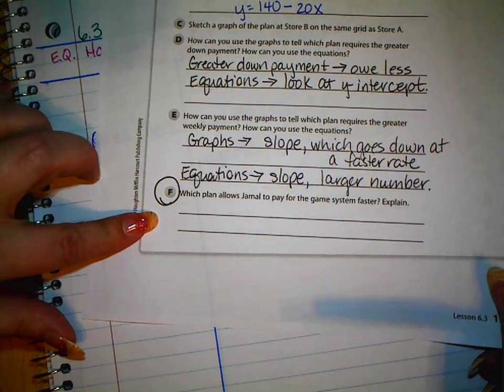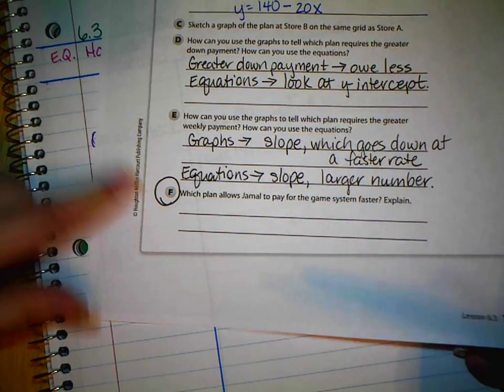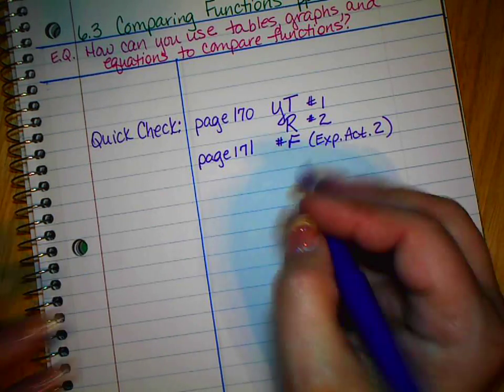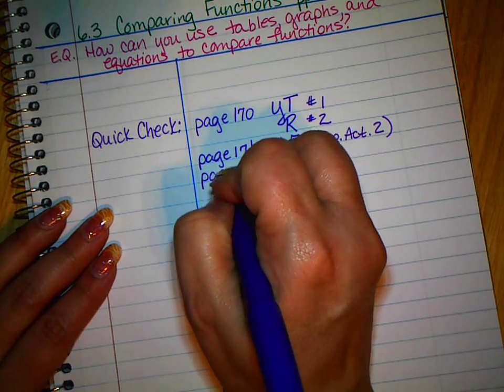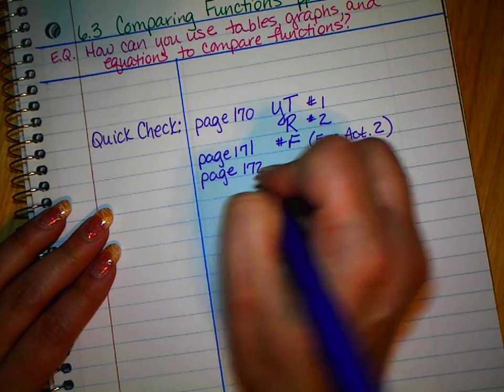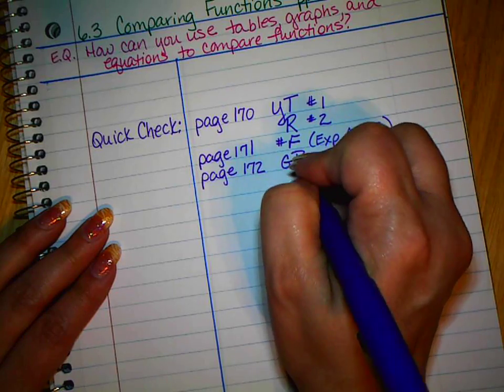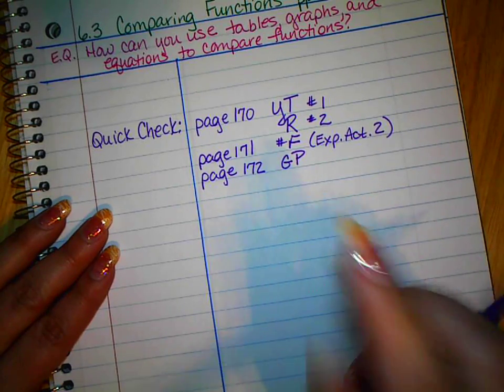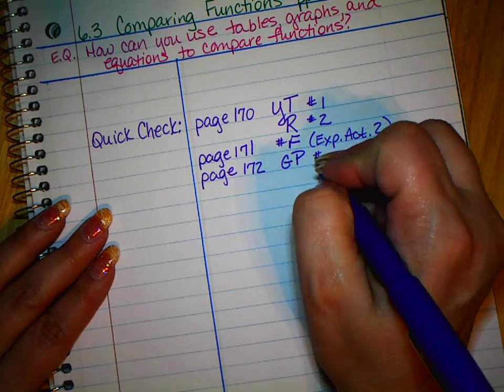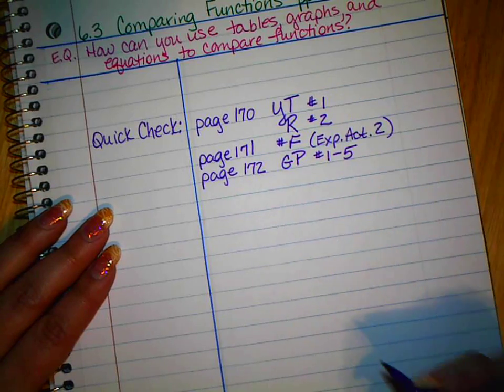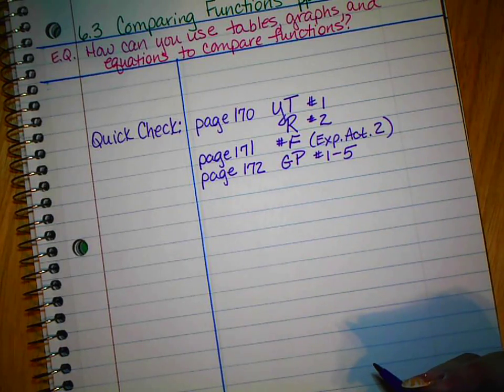It's question F at the bottom of the page. That's the one that I'm referring to there. Then you've got page 172. And this is the guided practice. Okay, we're going to start doing abbreviations. And you have questions 1 through 5. And then we will talk about the rest of the assignment in class tomorrow.